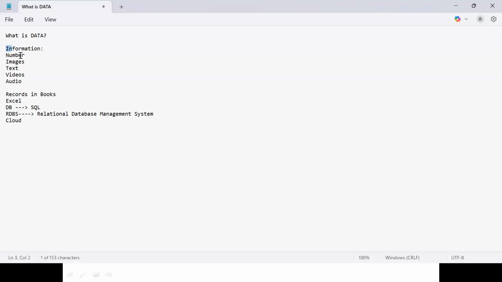Correct. But data is going to be segregated into two parts, or not two, three actually: structured data, semi-structured data, and unstructured data.